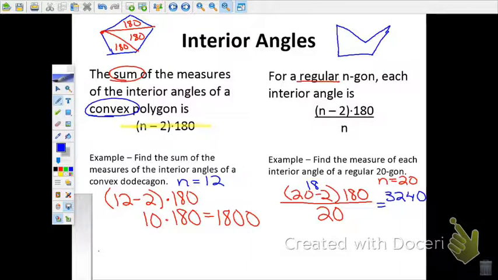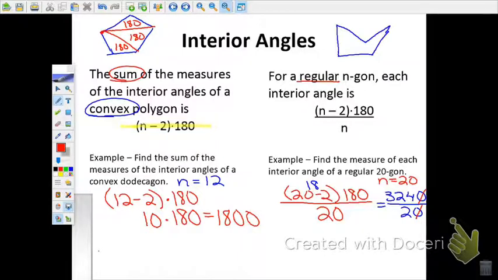I'm going to divide that by the 20 in the denominator. So now I need to divide that out or try to simplify it. First thing I can do is divide by 10, which gets rid of a 0 on each end. So then I have 324 divided by 2.